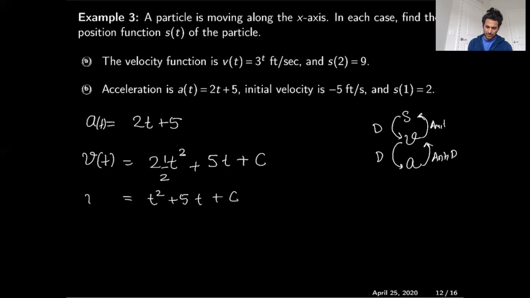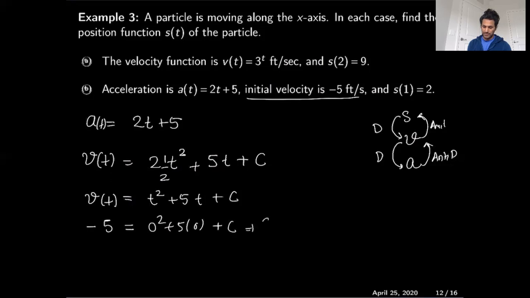That is the general velocity function. Since the initial velocity is -5, when t is 0, we have 0 square plus 5 times 0 plus c. That gives me c is equal to -5. So my velocity function is v of t is t square plus 5t.